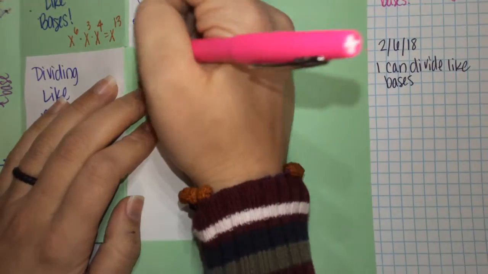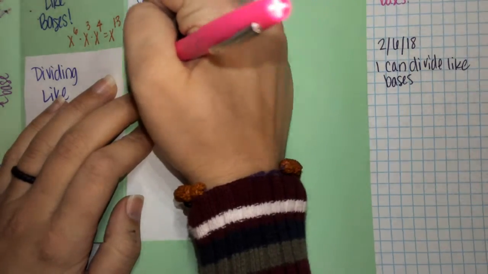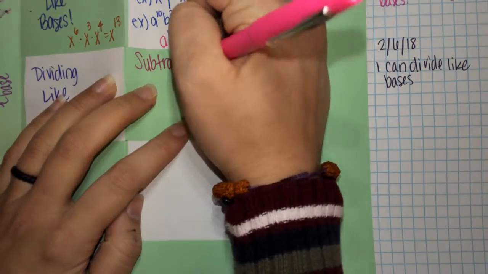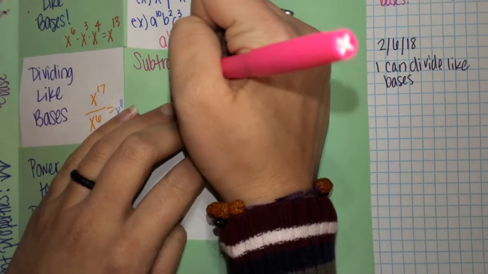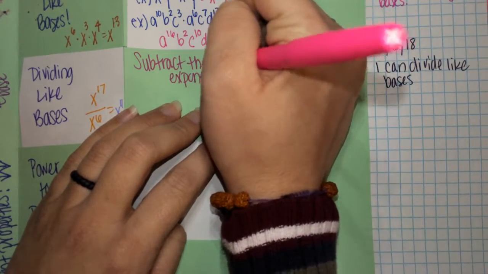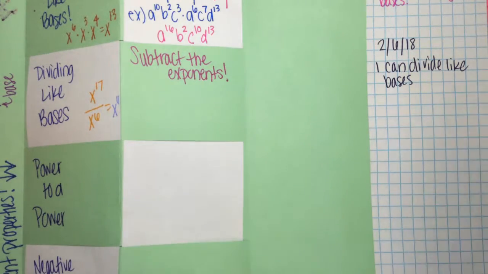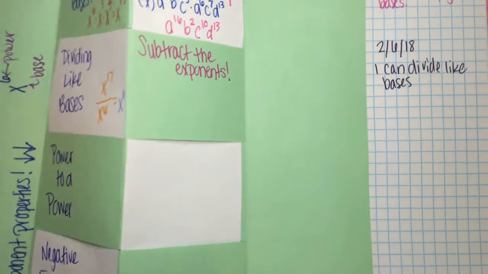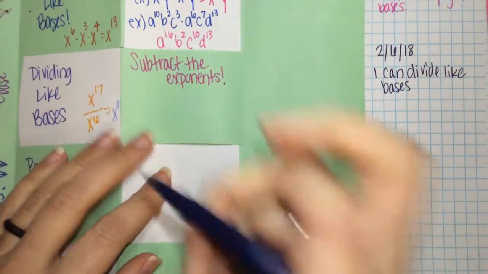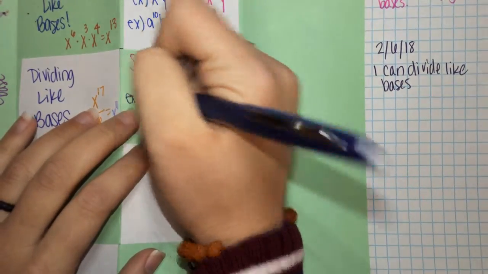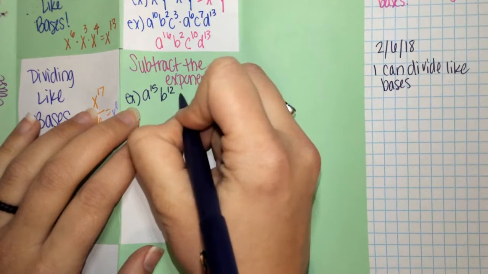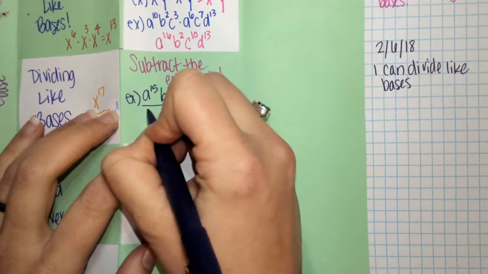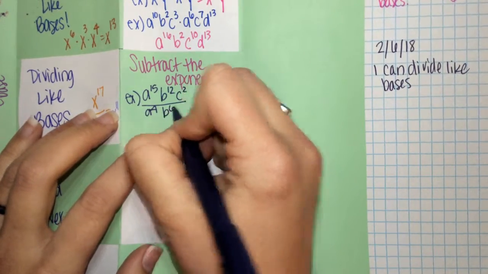So when you divide like bases, you subtract the exponents. So if I gave you an example that said a to the 15th, b to the 12th, c squared, divided by a to the 4th, b to the 6th.